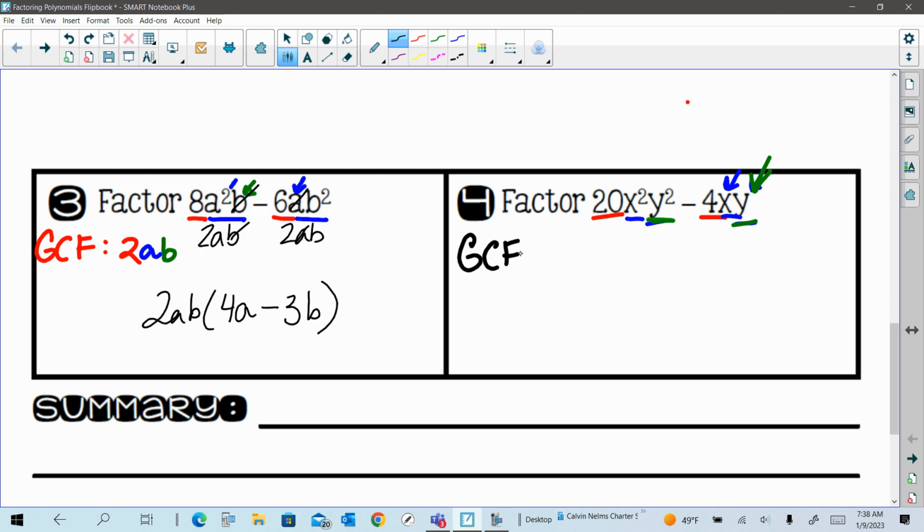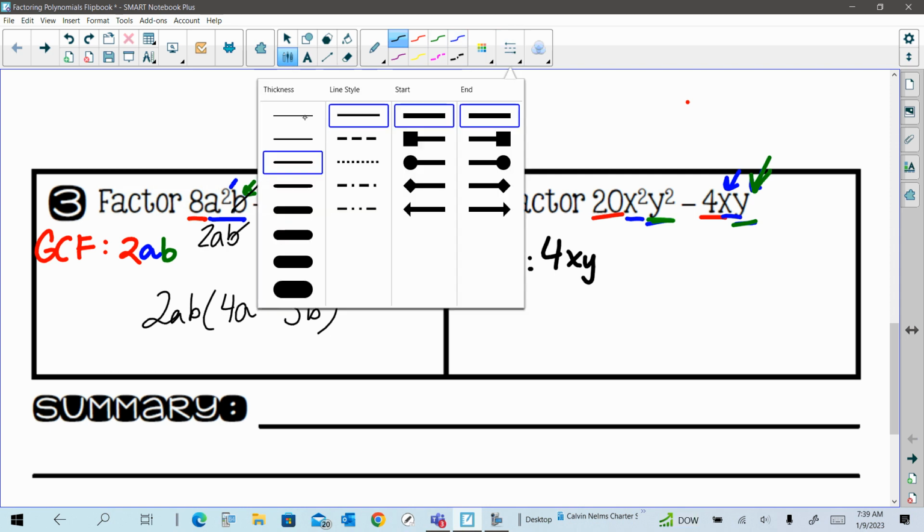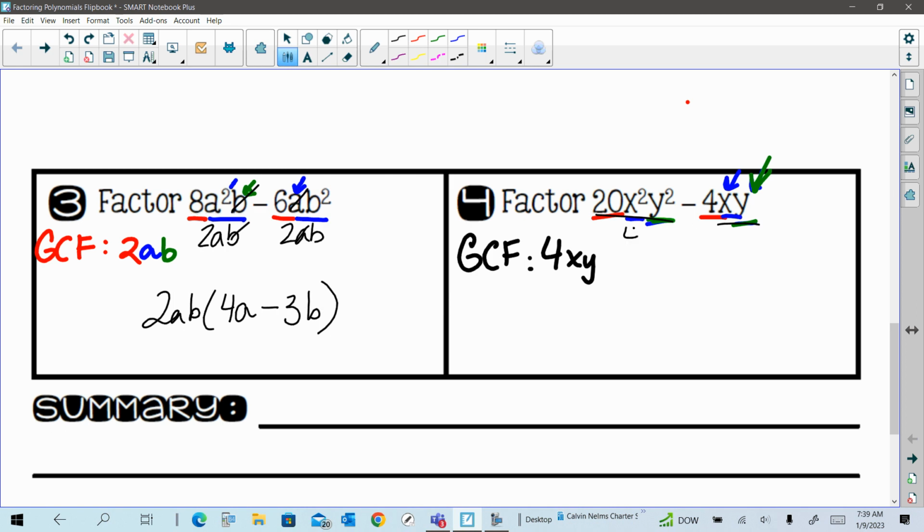I thought I wrote this down. Did I write it in the wrong spot? It is 4xy. We're going to divide each term by 4xy.